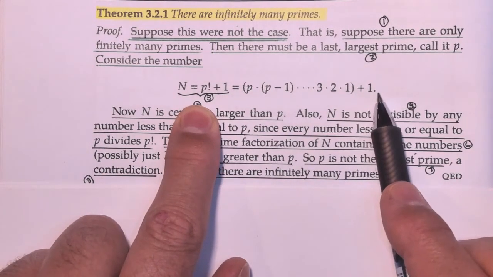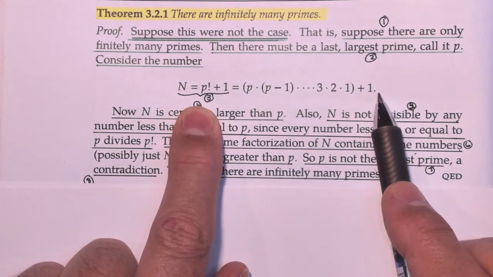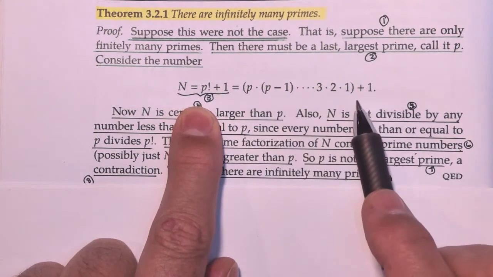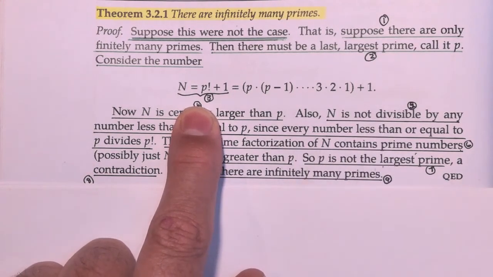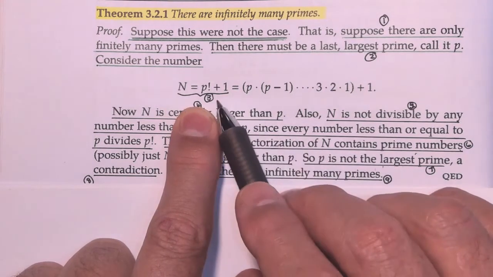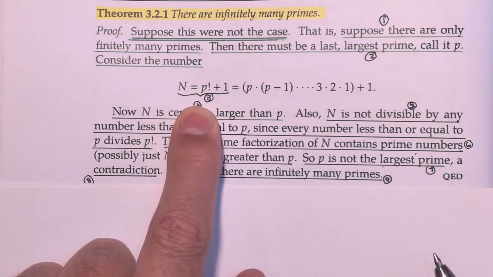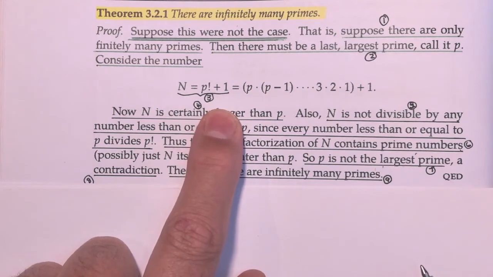And then we add 1 to that result. Okay, so this is mainly notation that we're introducing, but it forms part of the inspired part of this proof. And that would be to look at what is p factorial plus 1. And that is our key insight.